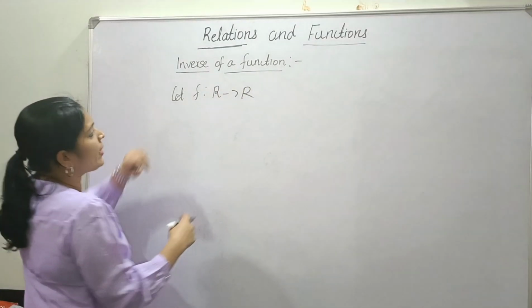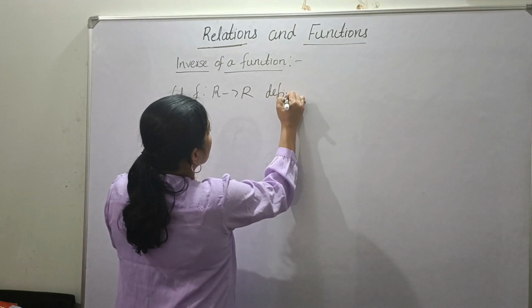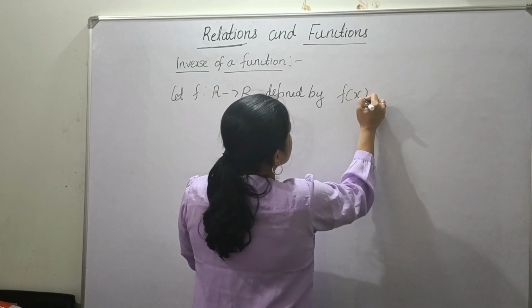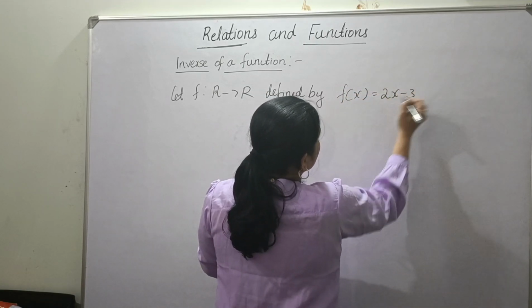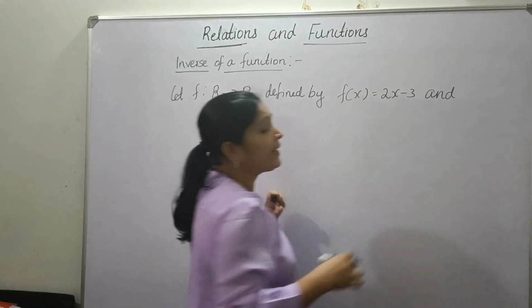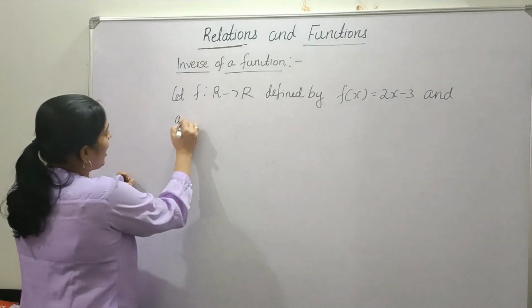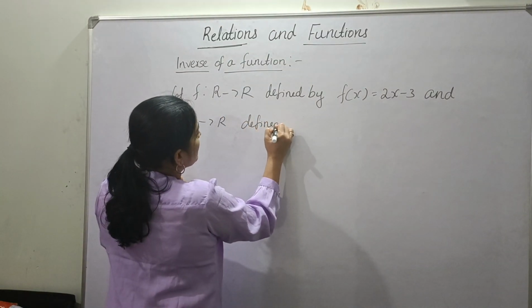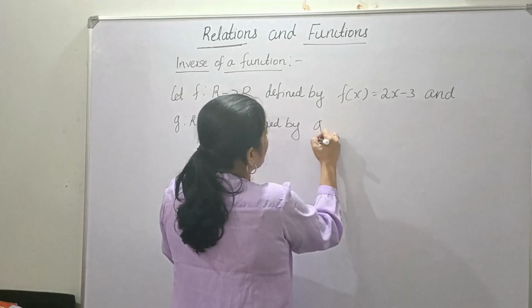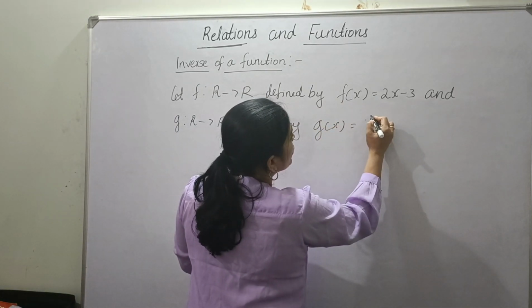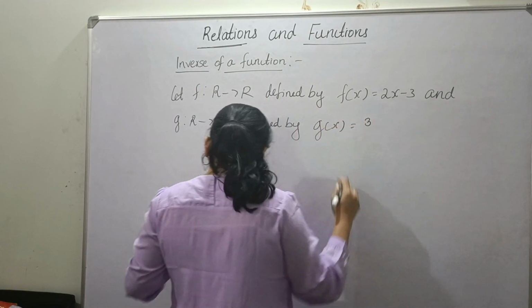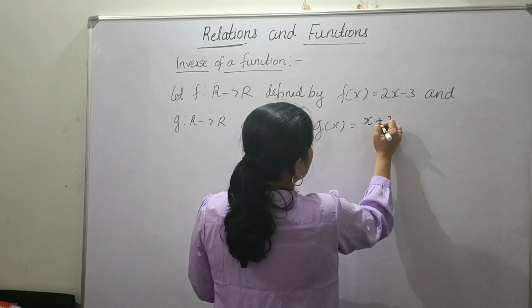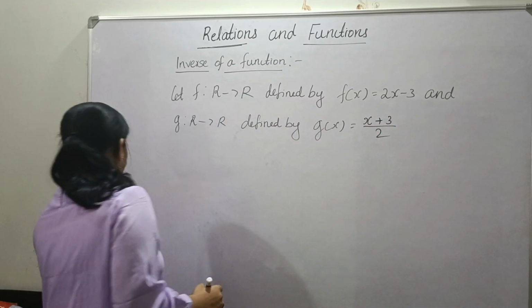Let us define a function f from R to R defined by f of x is equal to 2x minus 3. And let us define another function g from R to R itself, defined by g of x is equal to x plus 3 divided by 2.